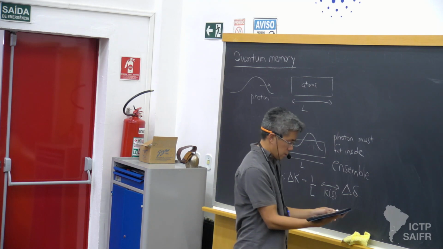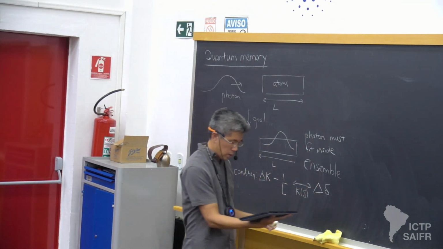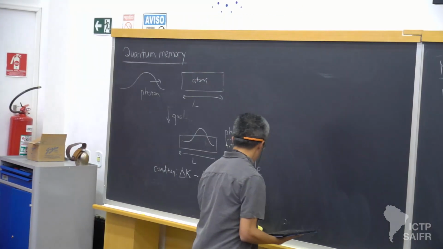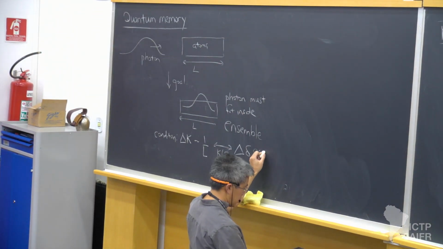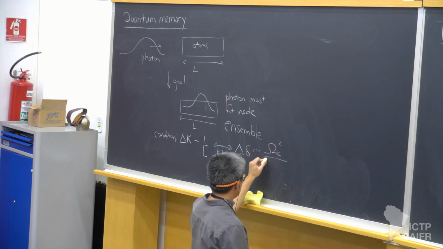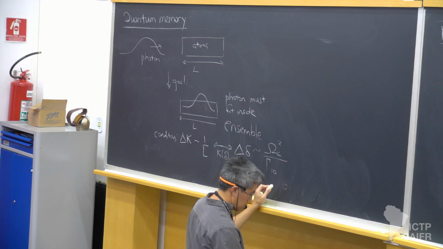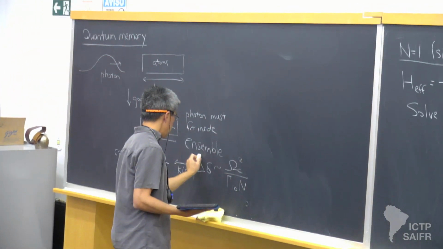So it turns out that if you do that calculation, then what you find is that this characteristic bandwidth, the minimum frequency bandwidth that you need to satisfy this condition, is given by omega c squared divided by gamma 1d times n.